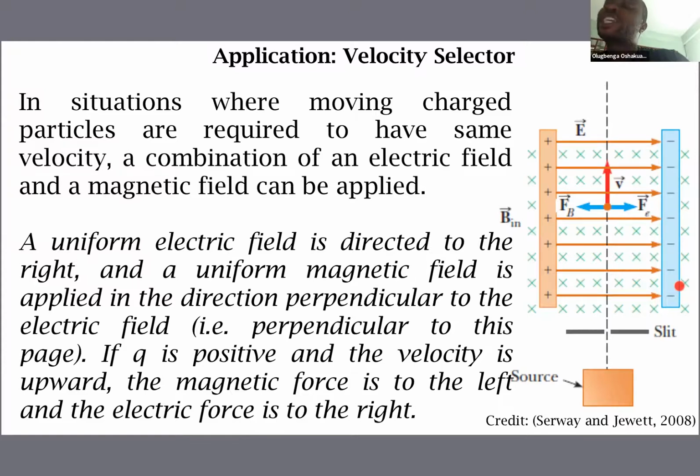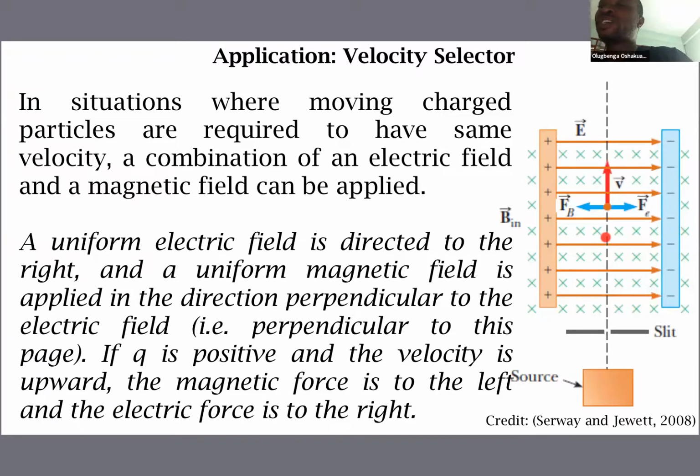Now a charged particle leaves this source, goes through this slit, and enters the velocity selector. Because the charge is in motion, it possesses a magnetic field, and since it is entering another magnetic field, it will respond to that field. It will respond by moving in a direction perpendicular to its own direction and to the direction of the applied magnetic field.